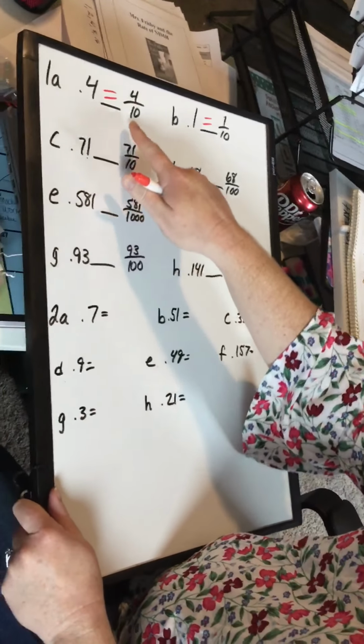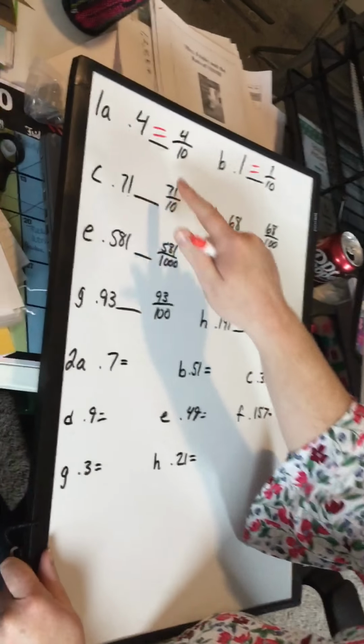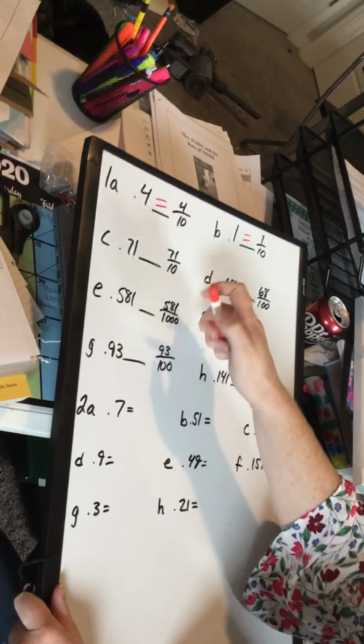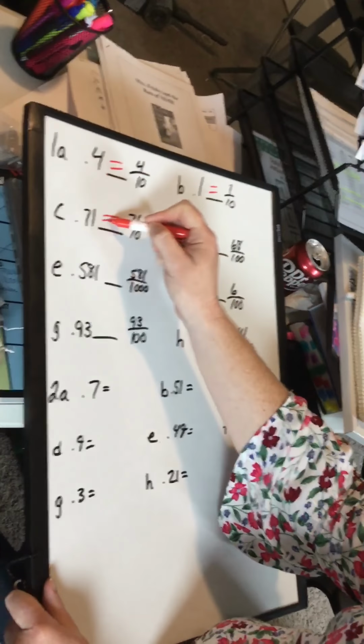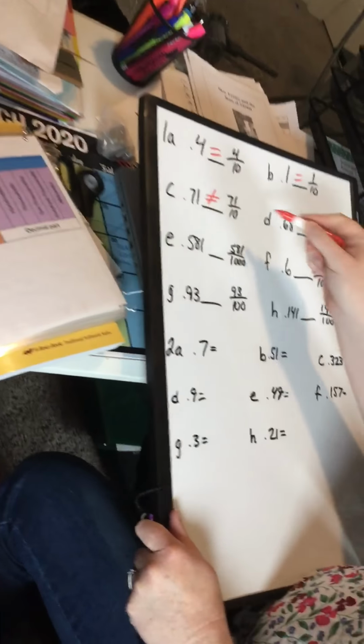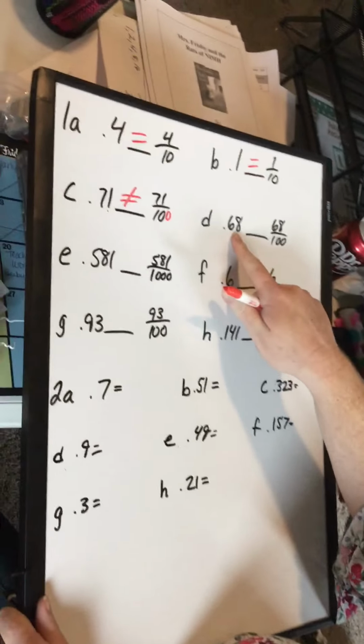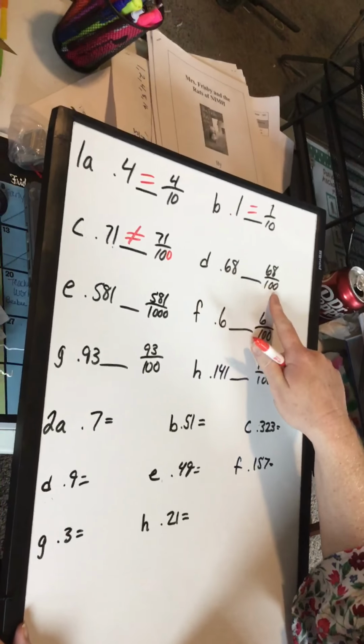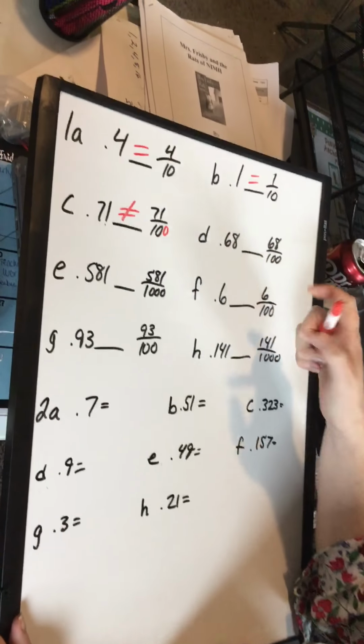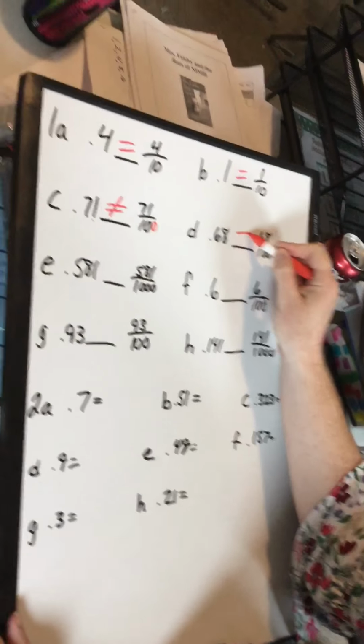Does that match our rule that I explained up here? No. This is not equals. It should have another 0. Okay, this one, we have our two numbers, we have 2 zeros. So this is equals.